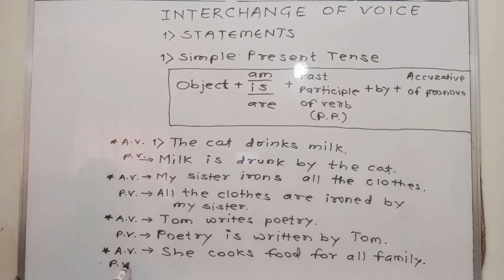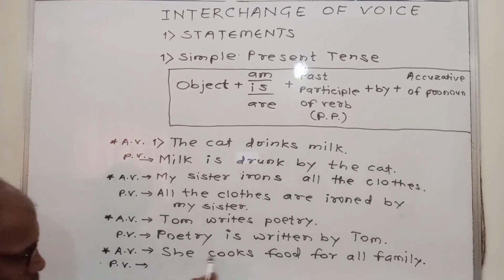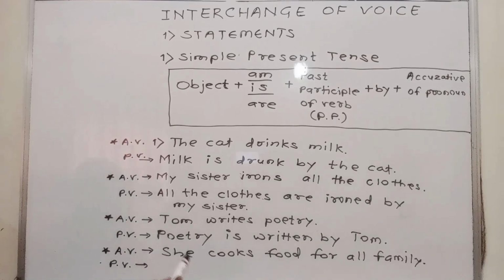Then passive voice. See this: she is the subject, cooks is the verb, food is the object. This is the important sentence, she cooks food. Now these are additional words. Did you get it?